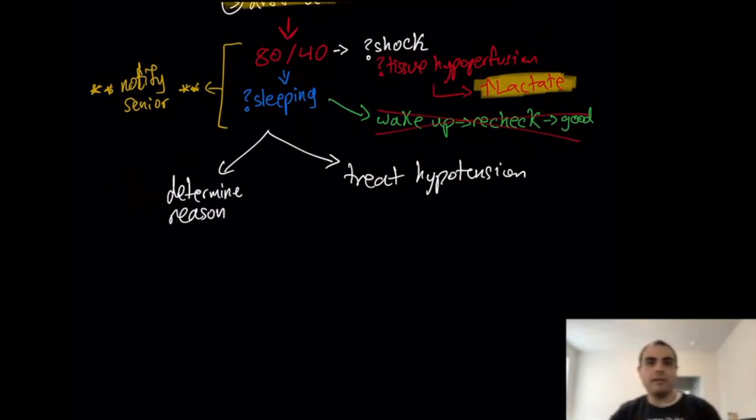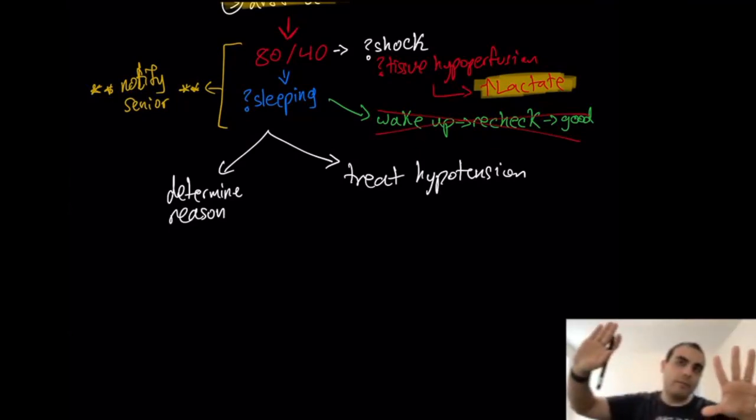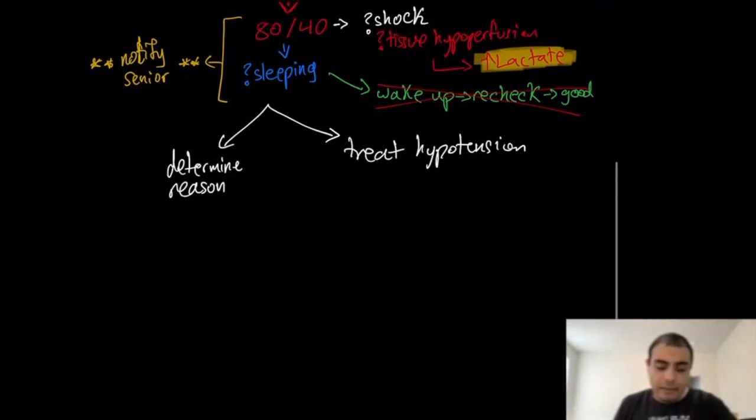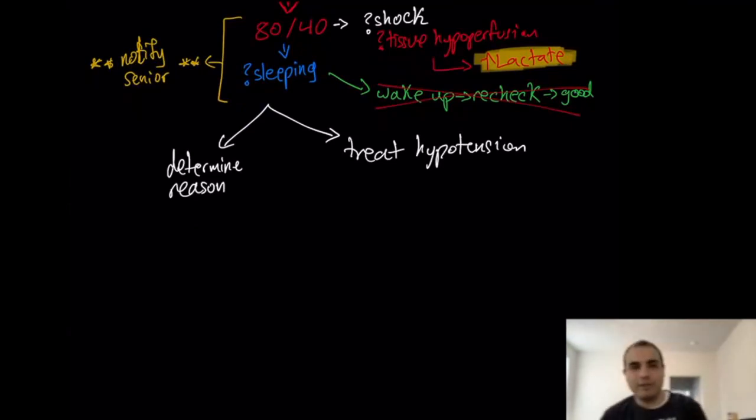But this is the way you think about it: I want to try to figure out why they're hypotensive, and at the same time, I want to treat the hypotension. So to be honest, once a patient is in shock and they're hypotensive, what do you think that requires? Once somebody is in shock, can they stay on the floor?